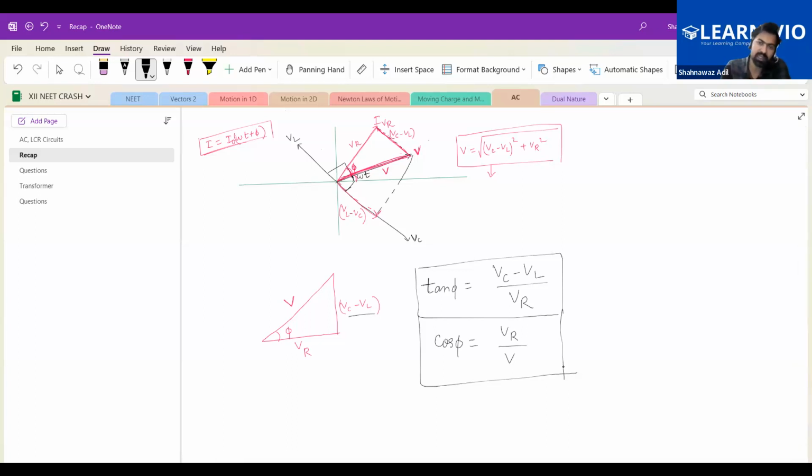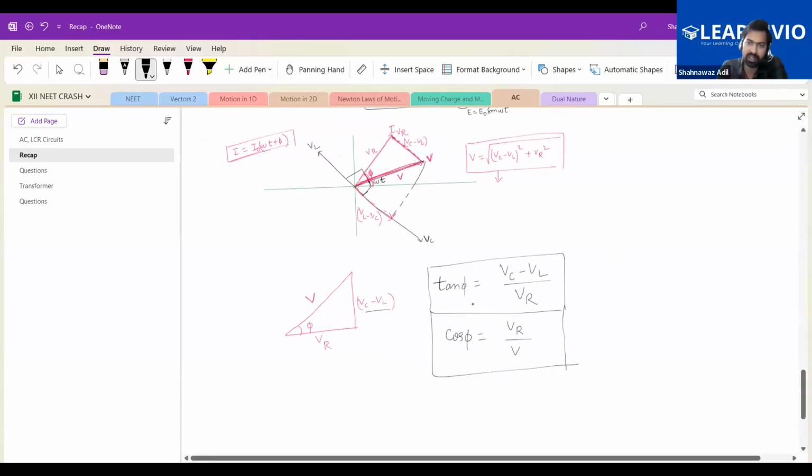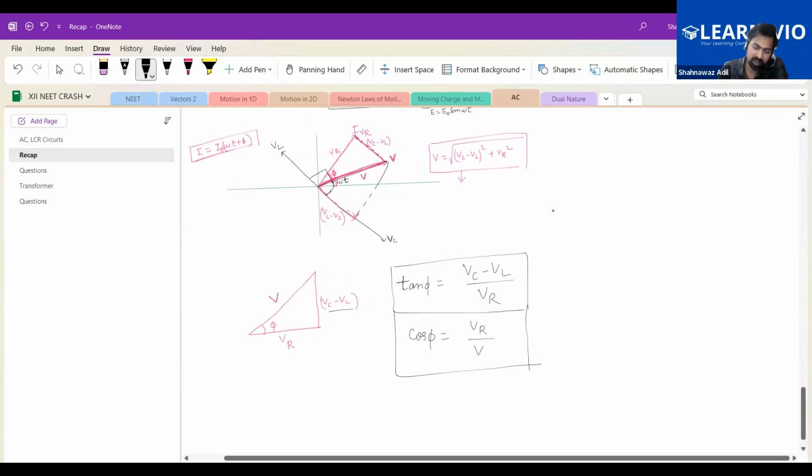All these relations are in the voltage form, and we can convert this into the reactance form as well. We know what VC is. VC is simply I times XC.